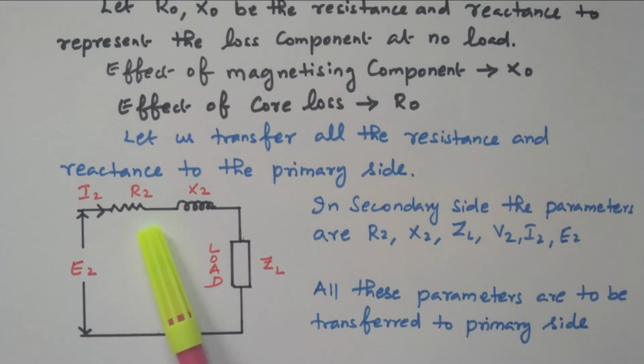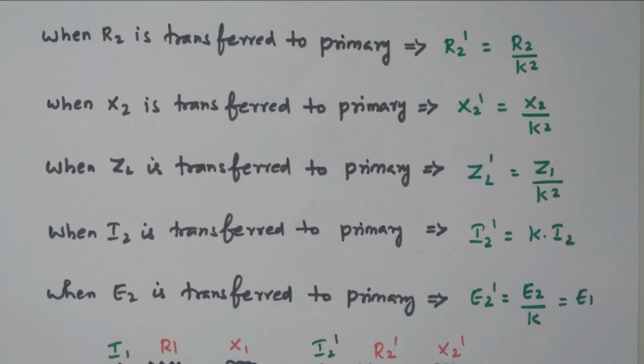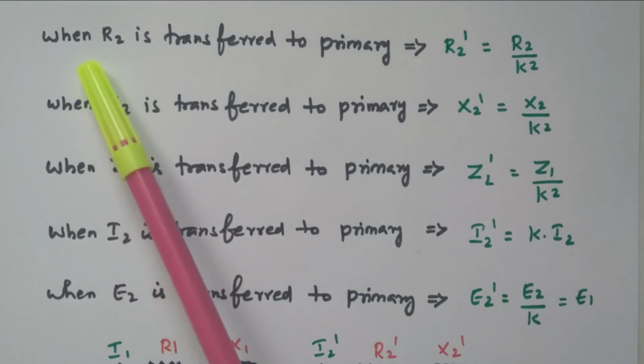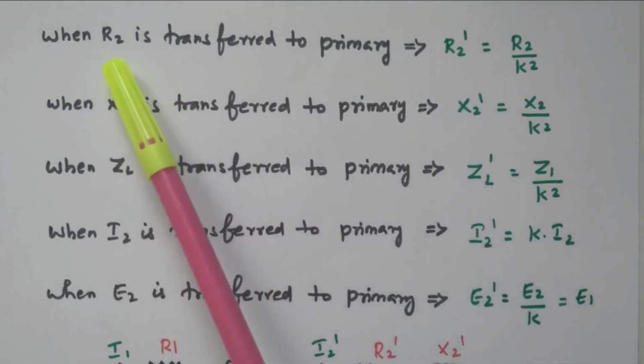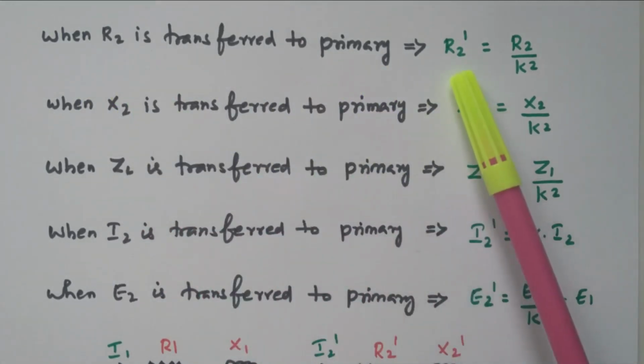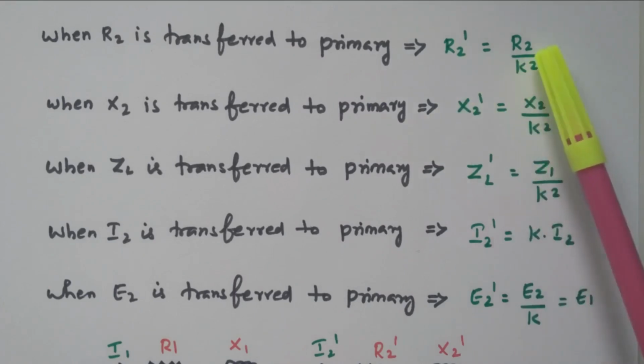So while transferring the resistance R2 to the primary, it becomes R2 dash, which is equivalent to R2 divided by K square.